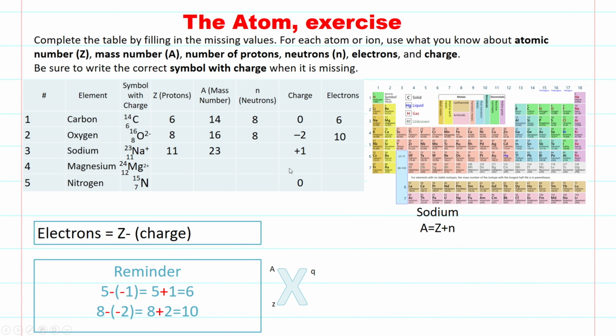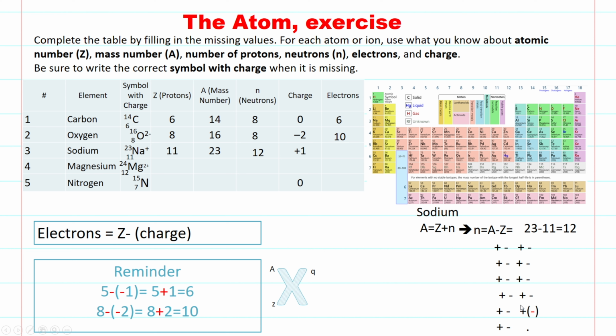Great. Now moving on, we have Z equals 11 and A equals 23. Again, A equals Z plus N, the number of neutrons, and that gives N equals A minus Z. The neutrons equals 23 minus 11 equals 12. The charge is plus 1, so electrons equals 11 minus 1 equals 10. Or protons are plus signs and electrons are minus signs.